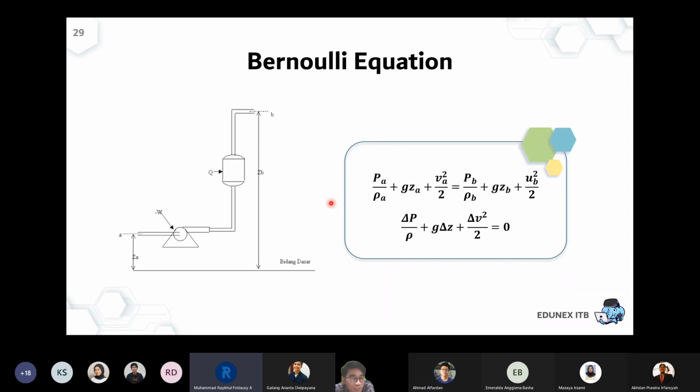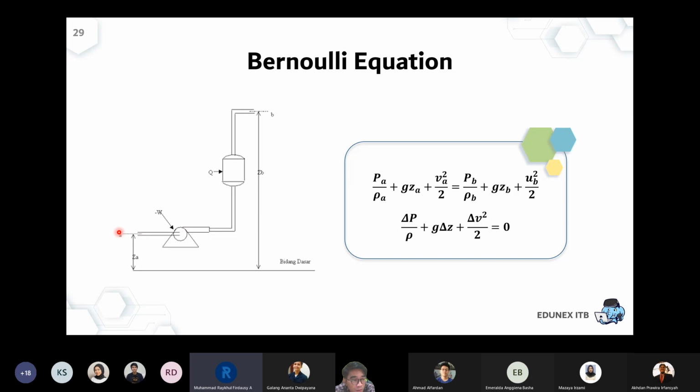Intuitively, if you have a fluid flowing through a pipeline and the pipeline is going up, the potential energy increases. It has to be compensated by other types of energy, and the one that decreases is usually the pressure. How about the velocity?